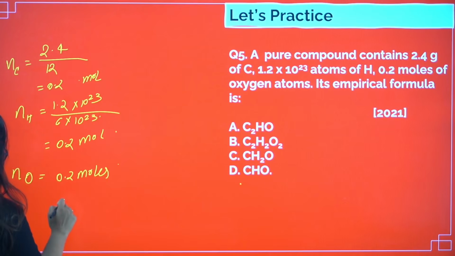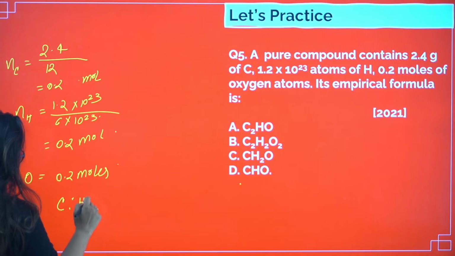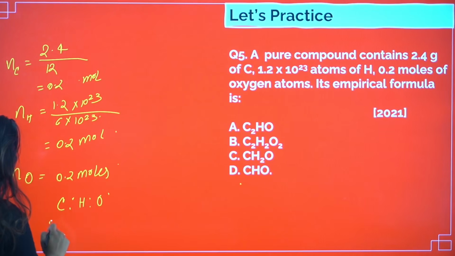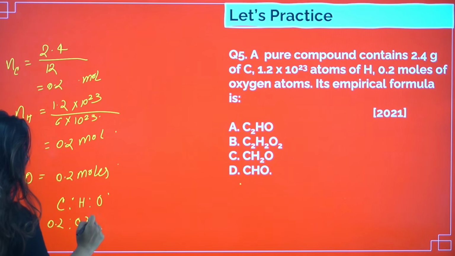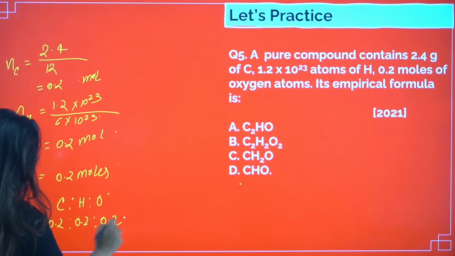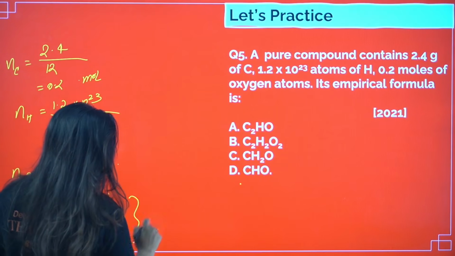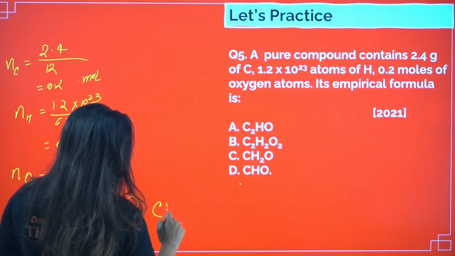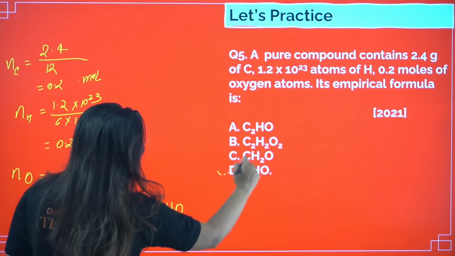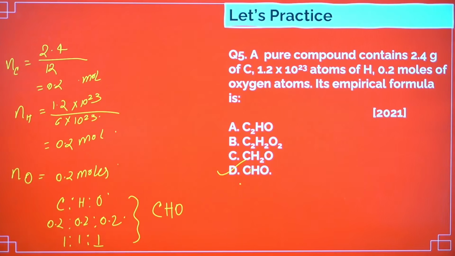So carbon is to hydrogen is to oxygen is 0.2 is to 0.2 is to 0.2, hence 1 is to 1 is to 1. So I can write that the formula is basically CHO. Option D is going to be the correct one. I guess this is all clear to you.